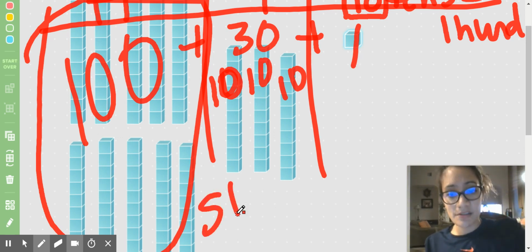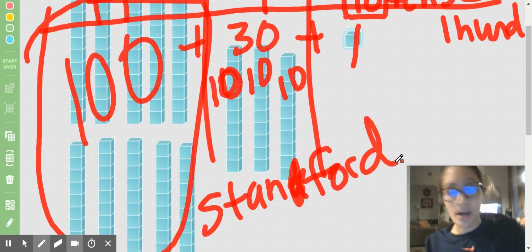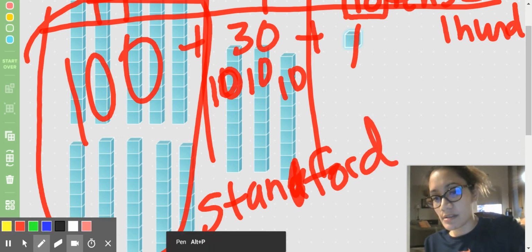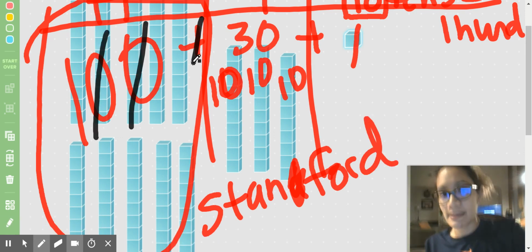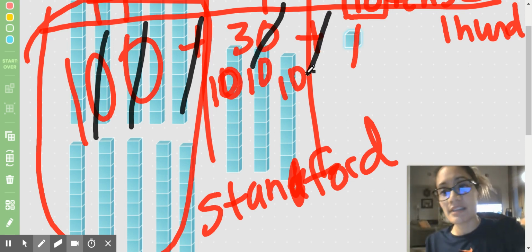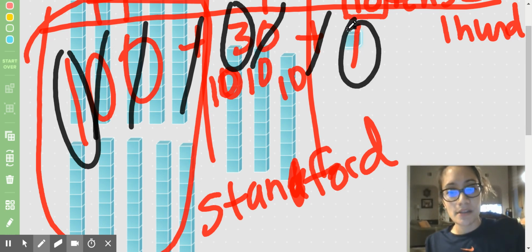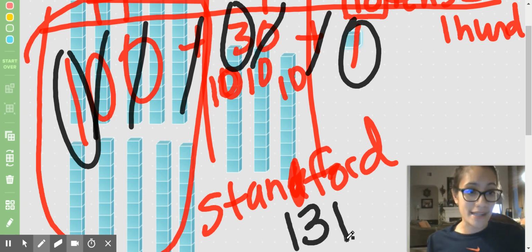In my standard form, I take away, oops, I misspelled it. I take away all of the zeros and I take away all the pluses, and that leaves us with our standard form. So whatever is left over, I write it down below. 131. That's how you compose a number.